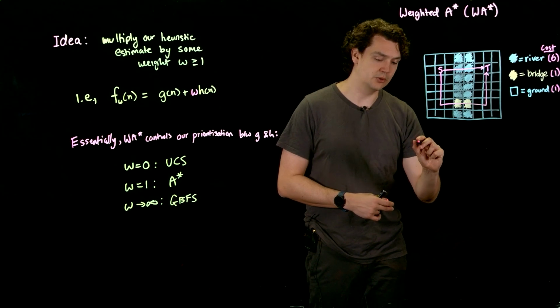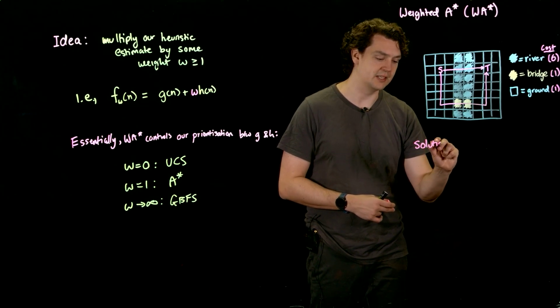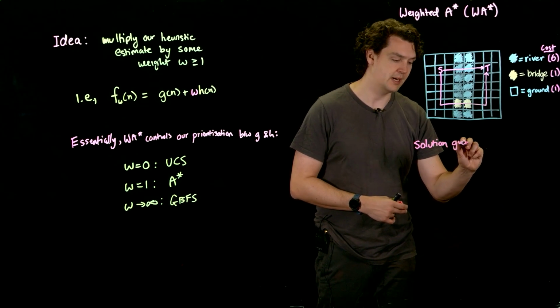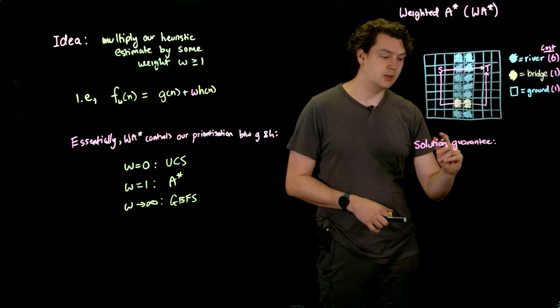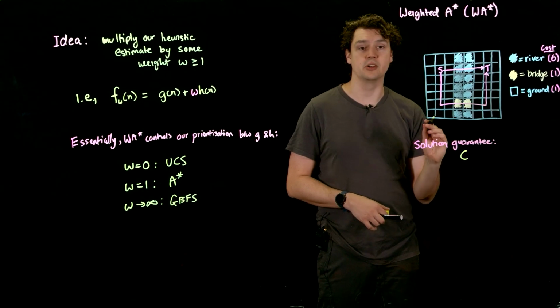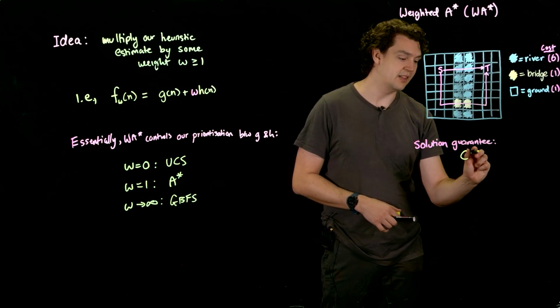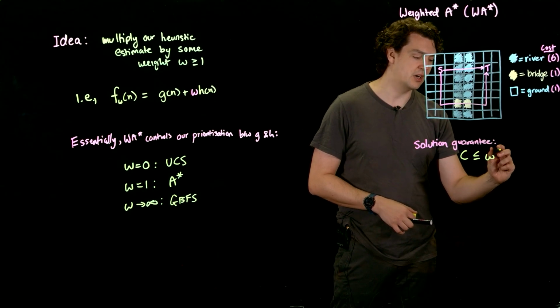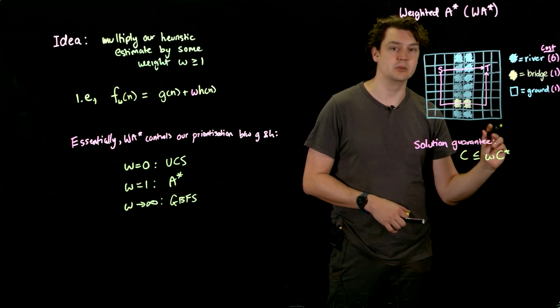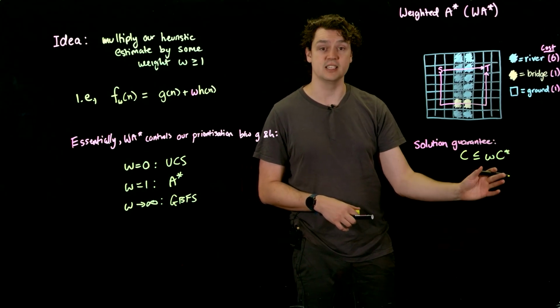So, solution guarantee: weighted A star will only ever give us a solution of cost C that is never worse than W times the optimal cost of the solution, C star.